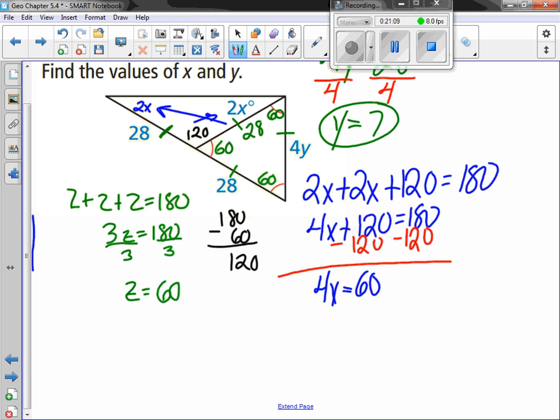And last but not least, what would we do? Divide both sides by 4, which tells us x is equal to 15.